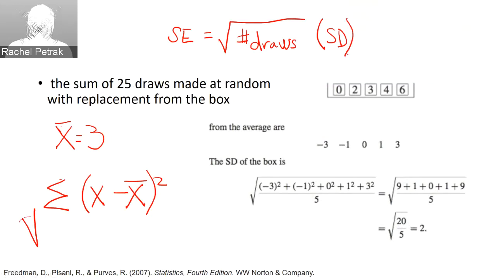And this probably already looks kind of familiar to you because it's similar to a root mean square error term that we used in regression. So if we wanted to find a standard error for this box, 25 draws, we would take the square root of 25 times 2. So the square root of 25 is 5, times 2 is 10.